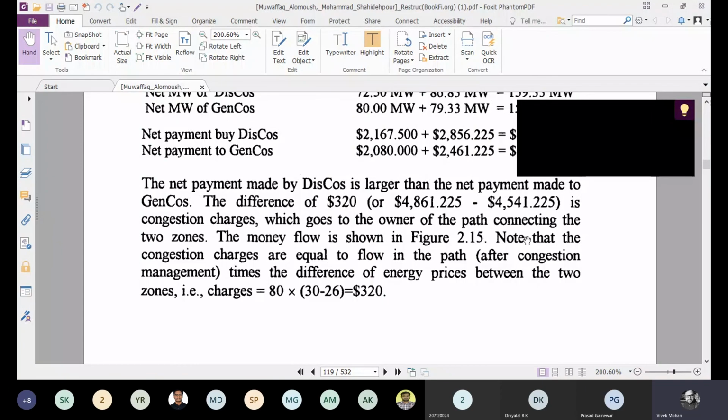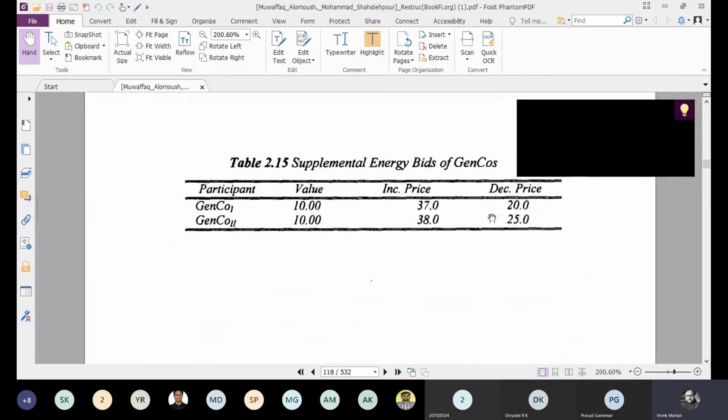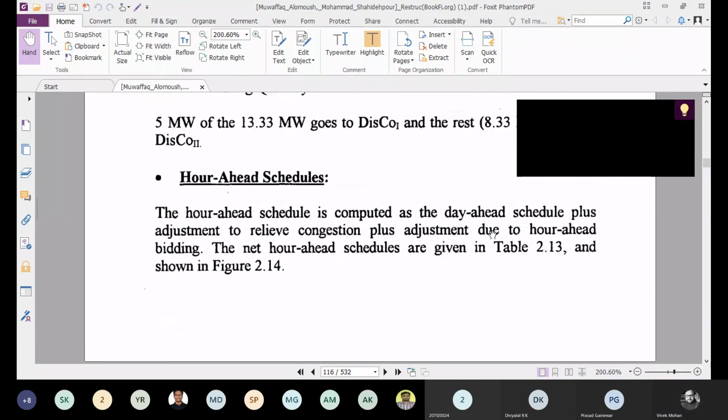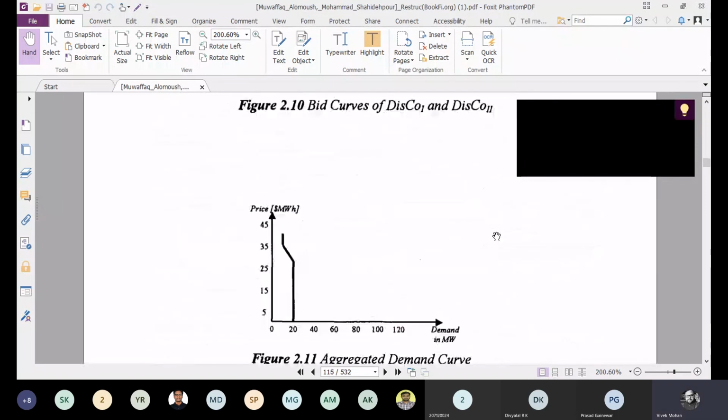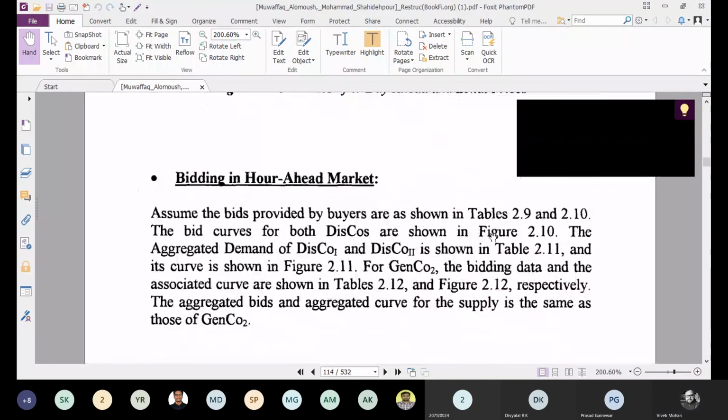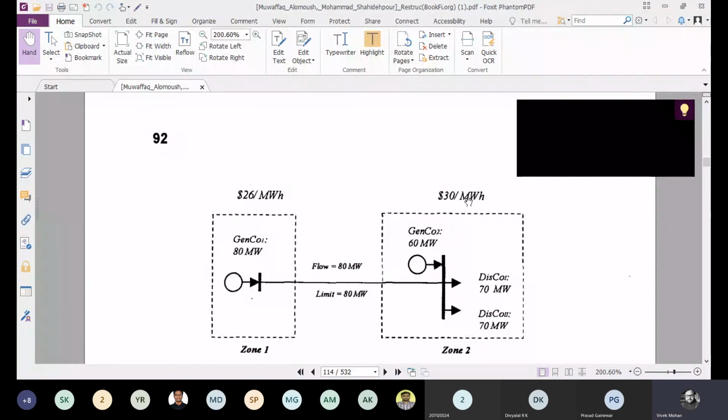The money flow is shown in figure 2.15. Note that the congestion charges are equal. How will you find the congestion charge? The other approach is that the congestion charge equals the flow in the path after congestion management times the difference of energy prices between the two zones. What is the zonal 1 price? $26, and here $30.